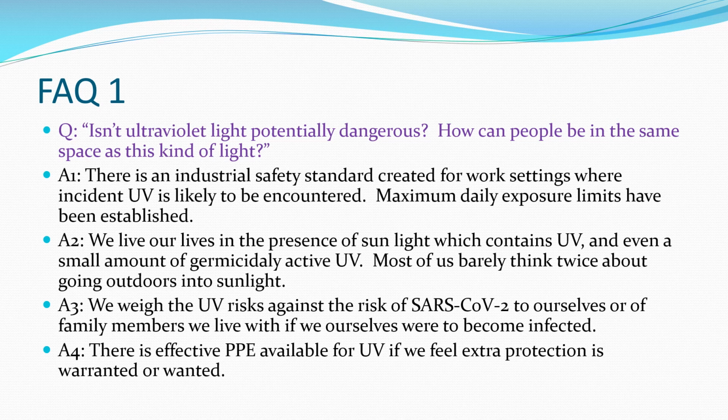Answer number 3, we weigh the UV risks against the risk of SARS-CoV-2 to ourselves or our family members we live with, if we ourselves were to become infected. And finally, there is effective personal protective equipment available for UV if we feel extra protection is warranted or wanted.